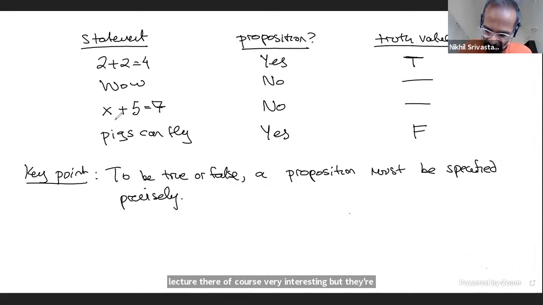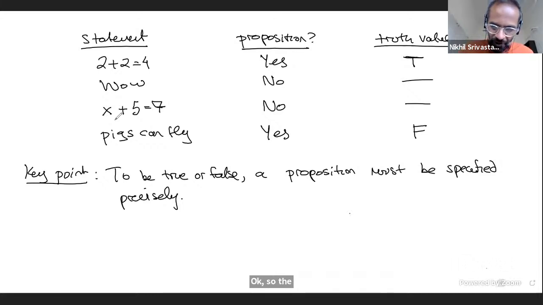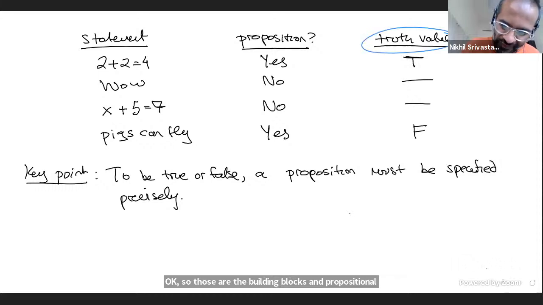Okay, so those are the building blocks in propositional logic: propositions, and the key thing is that they have a truth value, which is either true or false. It's like a switch.